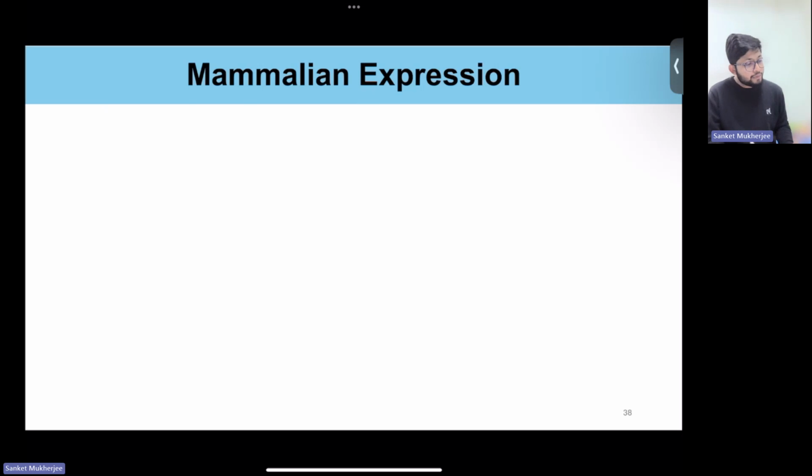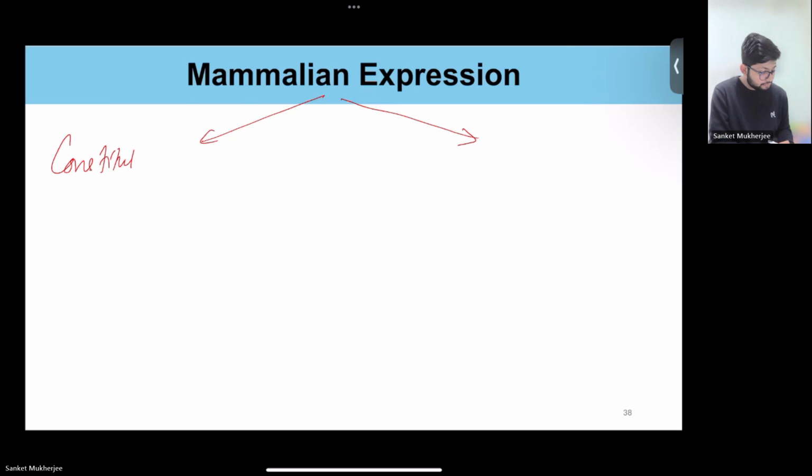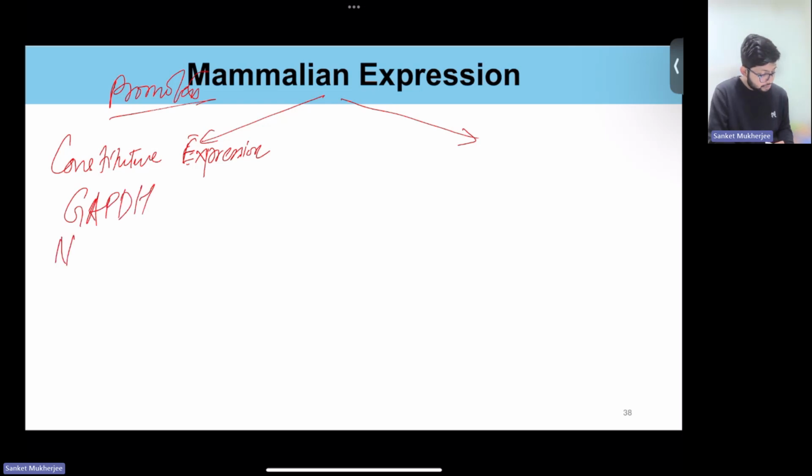Then in case of mammalian expression, there could be again two types: constitutive expression using housekeeping genes, promoters of housekeeping gene. We talk about promoters. GAPDH, for example, these are non-inducible.